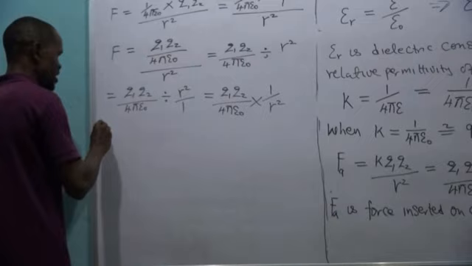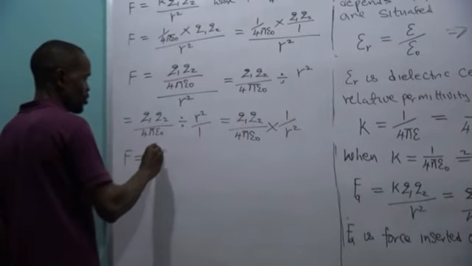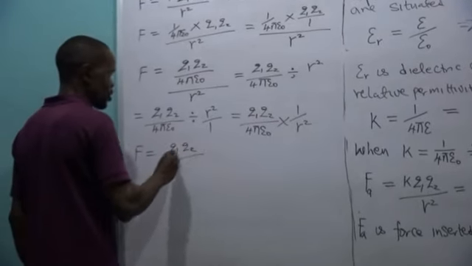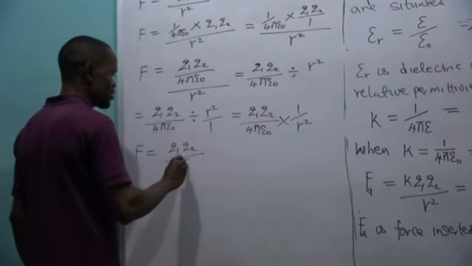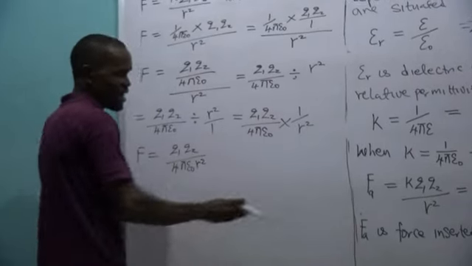That gives F equals Q1 Q2 all over 4 pi epsilon o R squared. And that's what I did here.